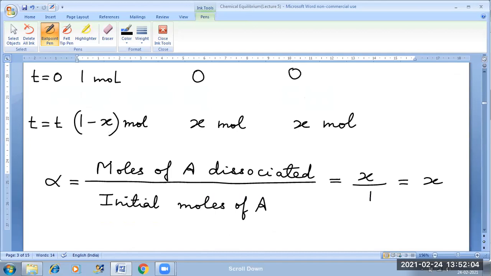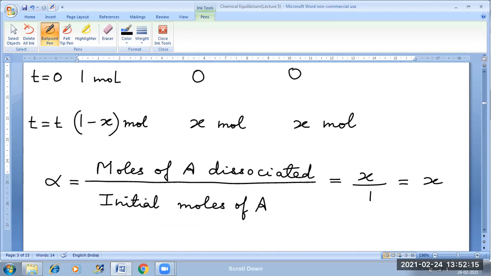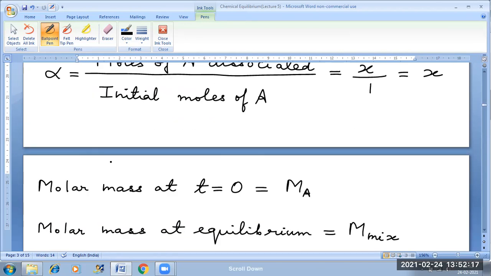Molar mass of the mixture is because of the gaseous mixture which is present at T equal to T. That needs to be calculated. So molar mass at equilibrium is M mix, which means M mixture.